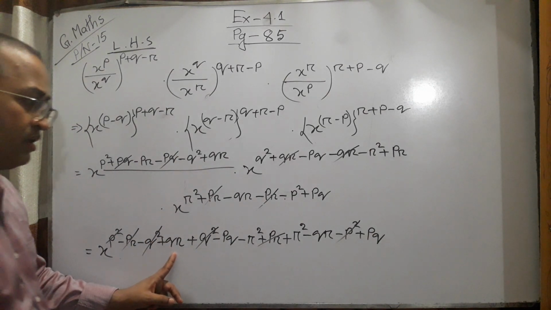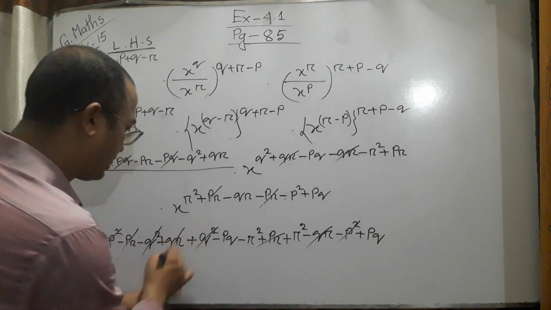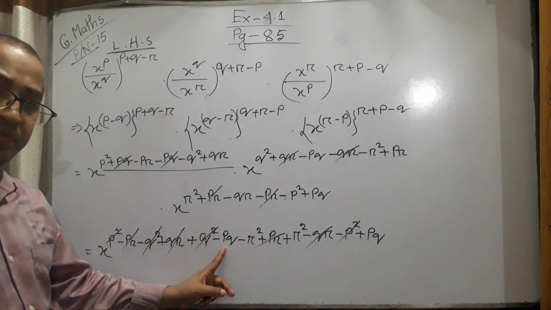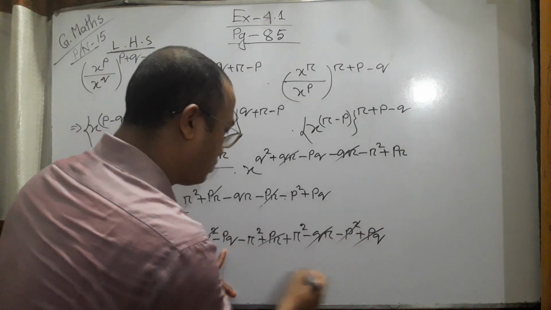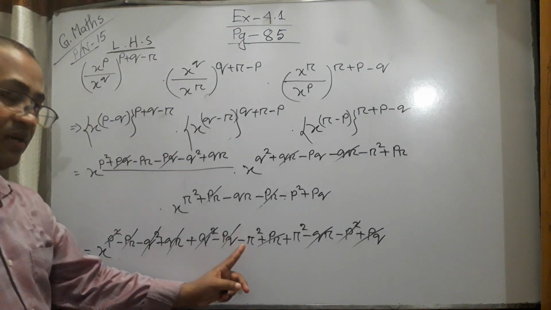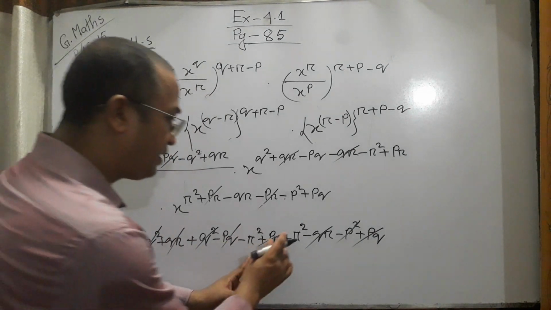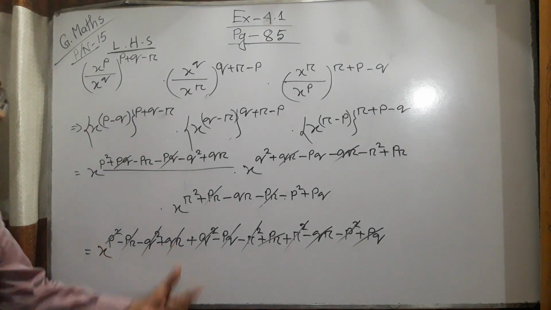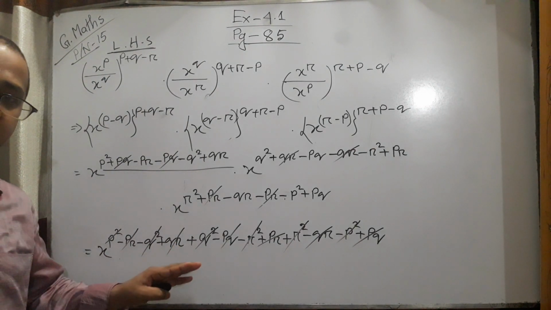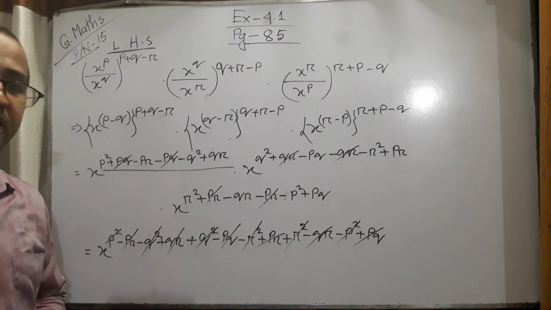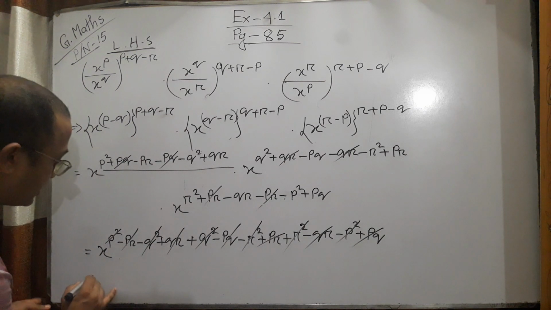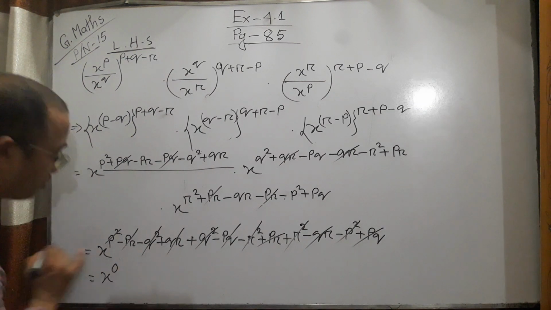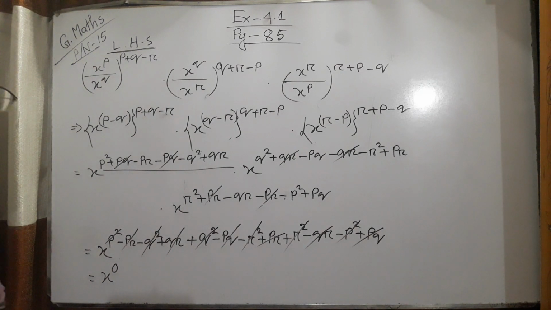Plus q here, minus q here, we can cancel it. Minus pq plus pq, we can cancel it. Similarly, minus r square plus r square, we can cancel it. So what is the power? All the terms are cancelled. So what remains? It remains 0. X to the power 0.